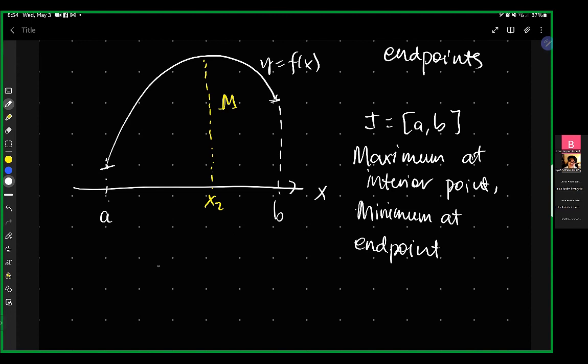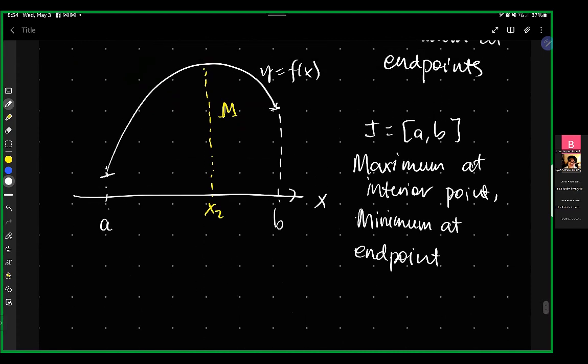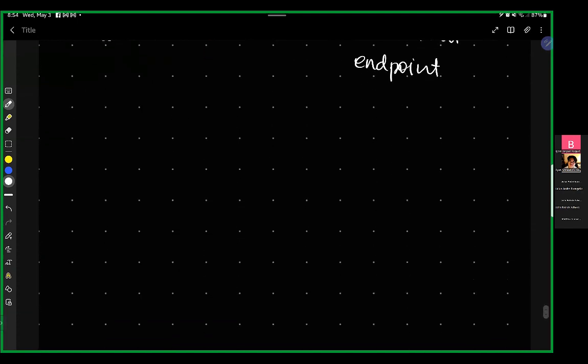Pwedeng ganito naman yung case, nasa B naman yung mas mababa. So I didn't include the x1, but it goes either way: you have a maximum at an interior point and you can have a minimum at an endpoint.